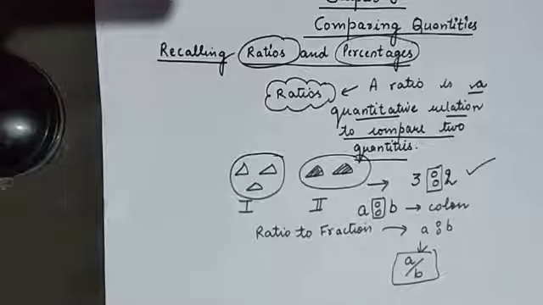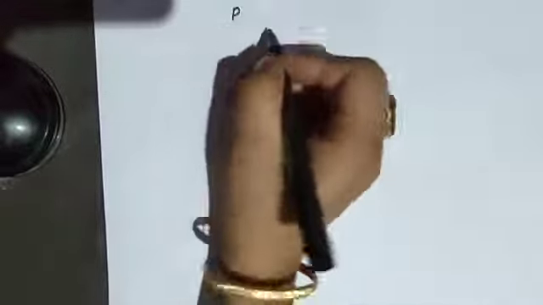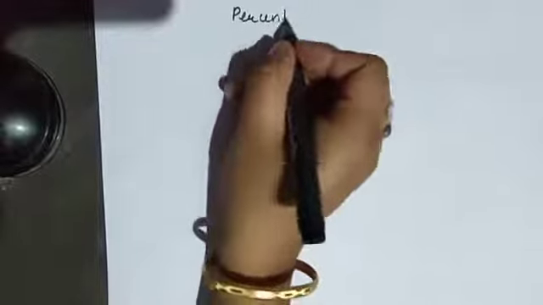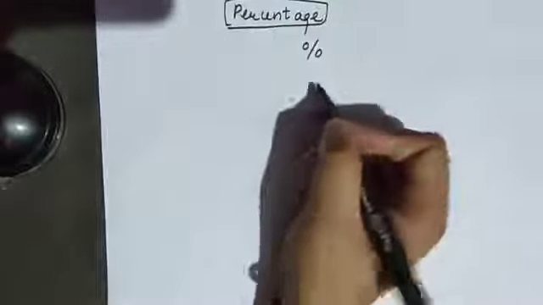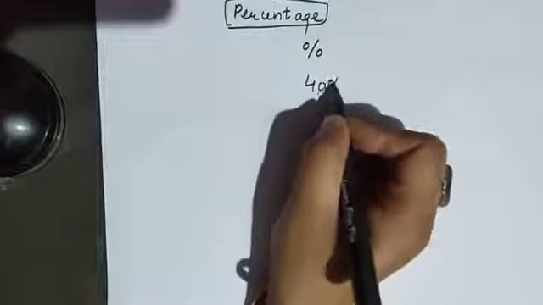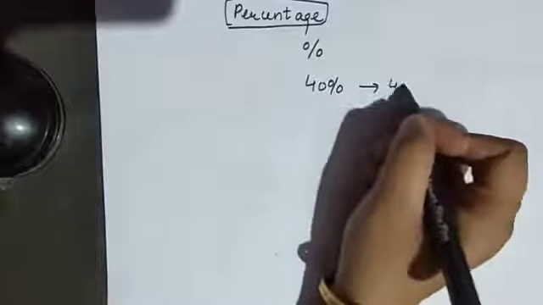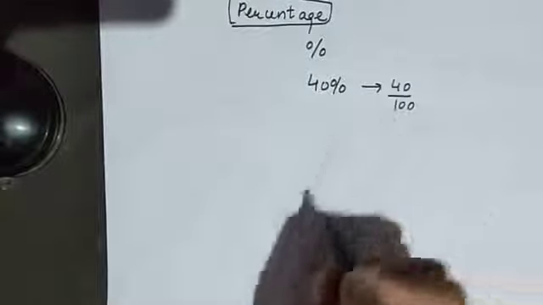Now, the next thing that we are going to discuss is percentage. As you know, percentage means whenever you are putting a percent sign. For example, if I am writing 40%, it means 40 upon 100 in the form of fraction.